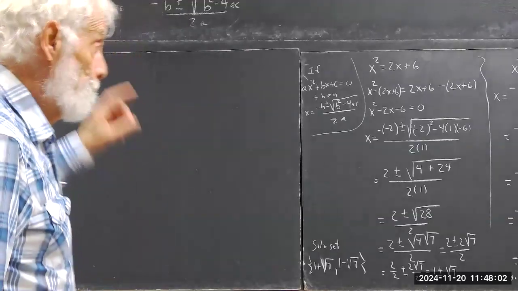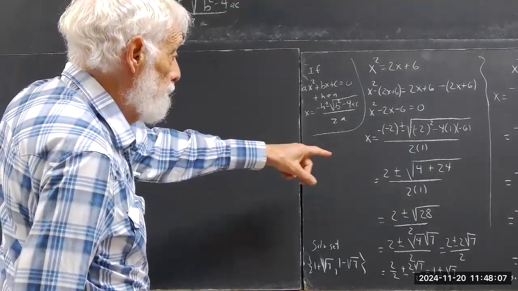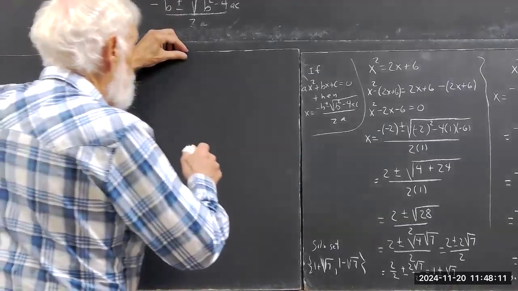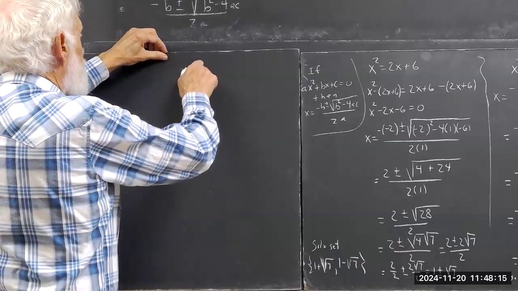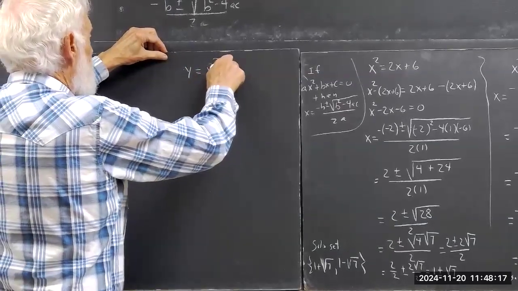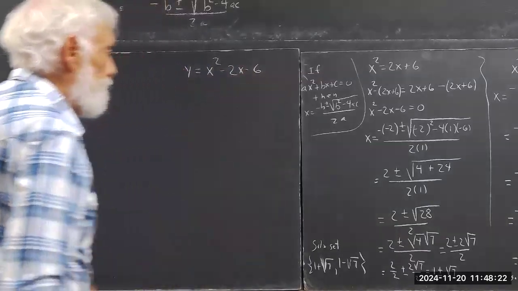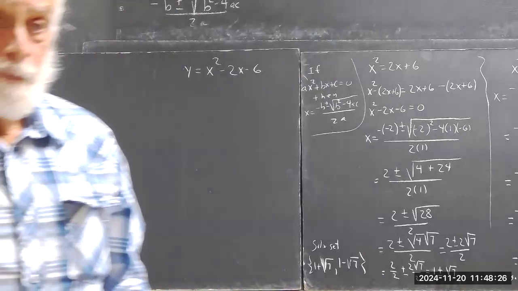Okay. Now, let's just take this last equation. We'll put it into the form where it can equal 0.